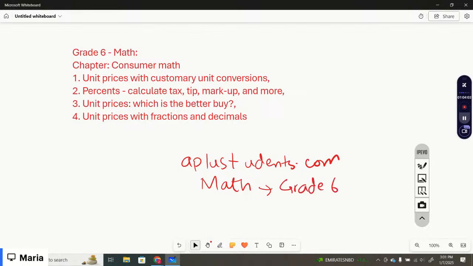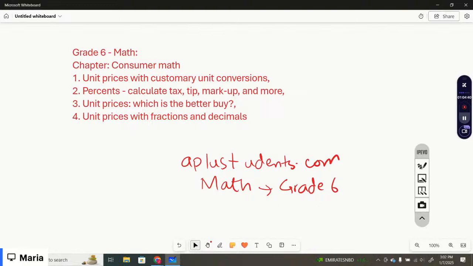Scroll down to grade 6 math and then click on view all lessons. There you can find a list of the chapters.